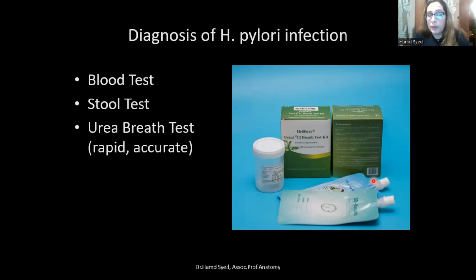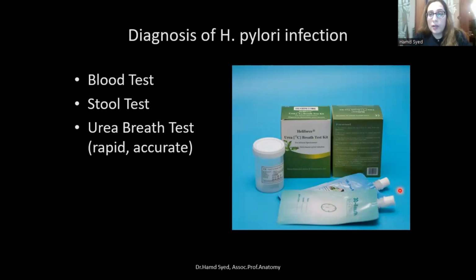And if, let's suppose, the bacterium is present within the stomach, H. pylori, as I told you, has urease enzyme. It would then break down that urea into ammonia and carbon dioxide. So after a short while, the patient is asked to exhale into an airbag.